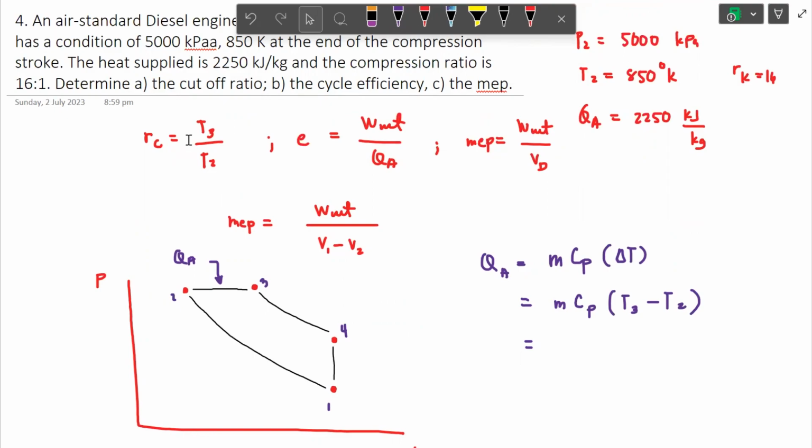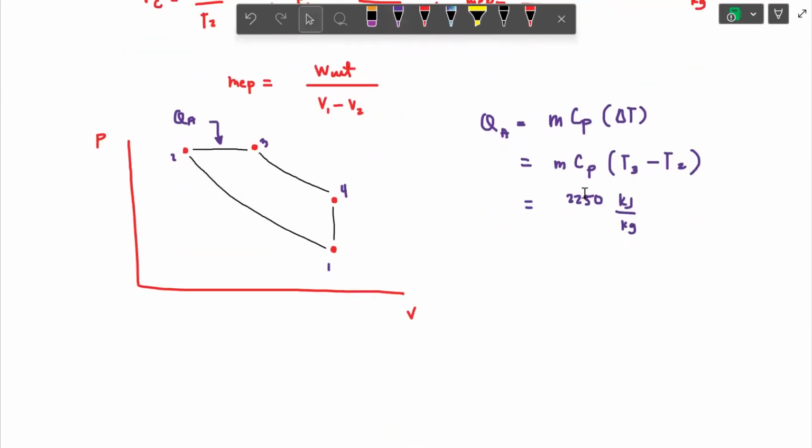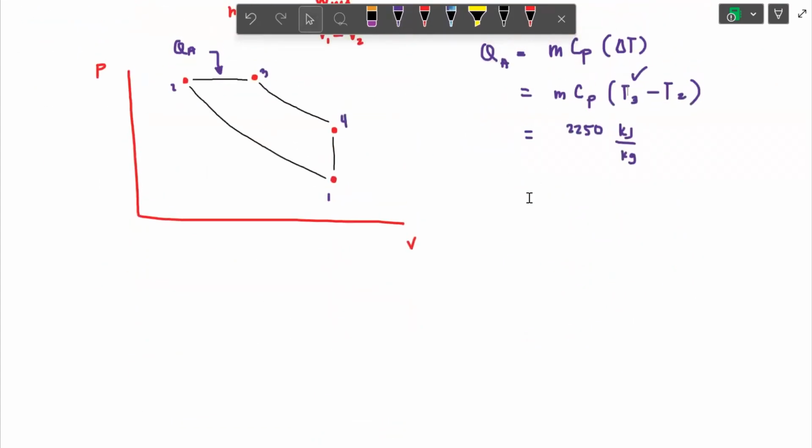Okay, solve ko yung heat supplied. Meron pala. Okay, this is equal to 2250 kilojoule per kilogram. Okay, pwede kong masolve si T3 if meron akong T2. Yes, meron akong T2. Okay, for T3, form ko na QA divide by mCp.